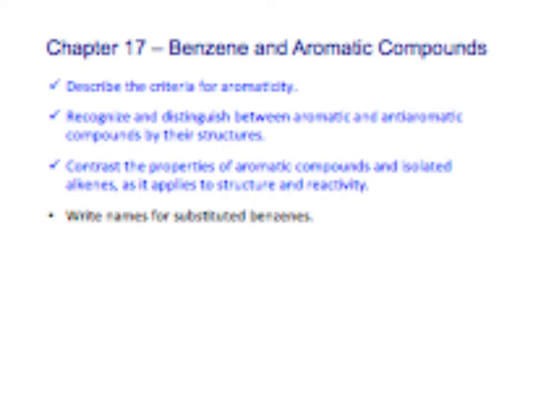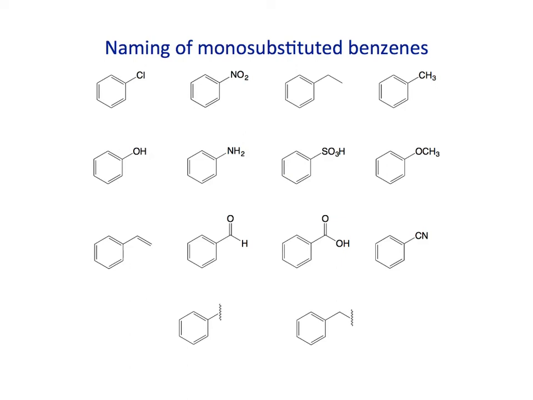Today is to learn how to name substituted benzenes. All right, so these are all monosubstituted benzenes, right? And for many monosubstituted benzenes, all we do is add a prefix for whatever the substituent is and then say benzene.